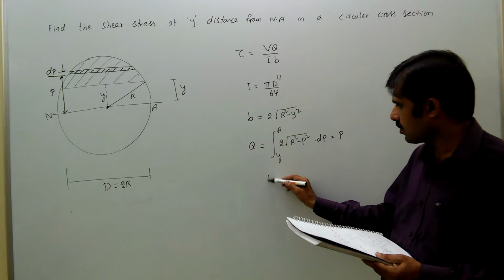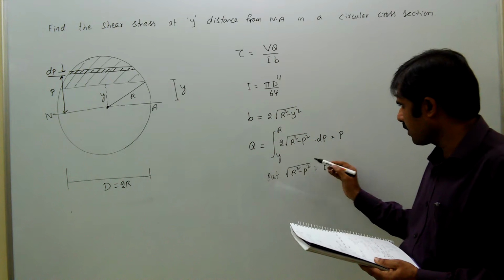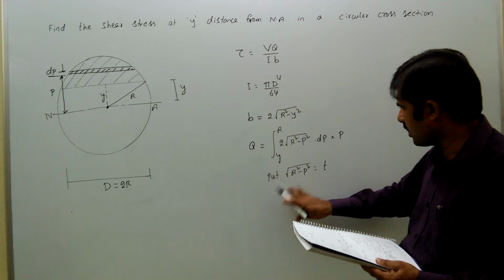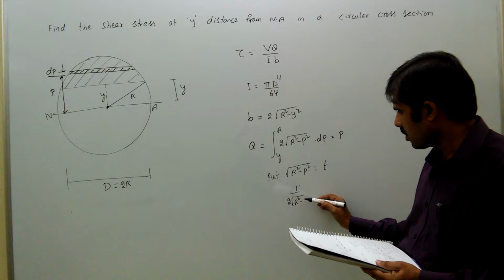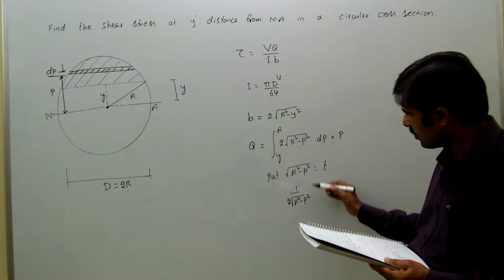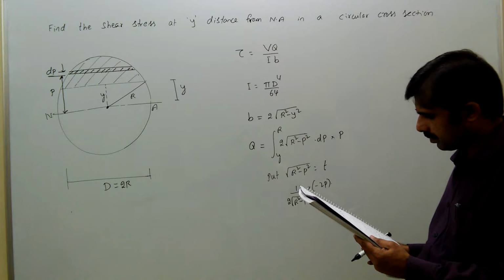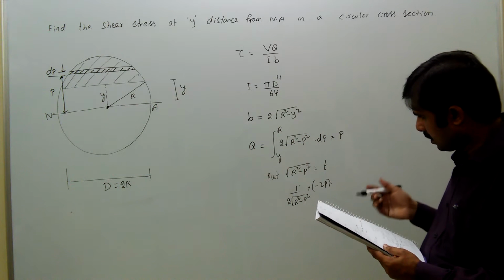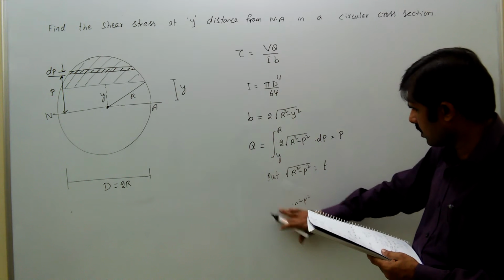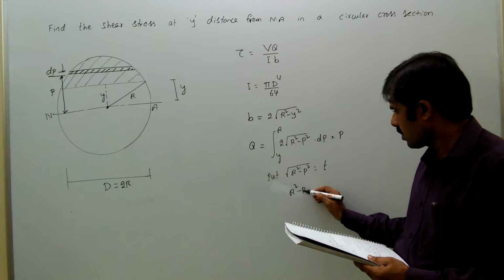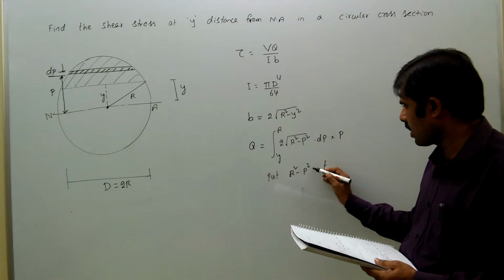put square root of r square minus p square equal to t. So differentiating, 1 by 2 root r square minus p square into minus 2p dp equal to... or otherwise put r square minus p square equal to t.